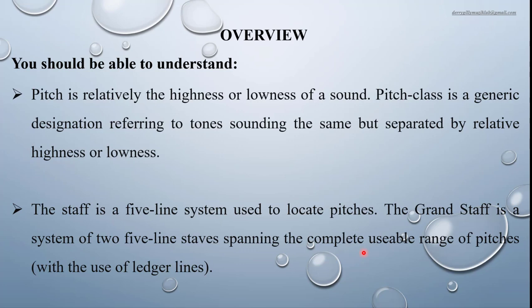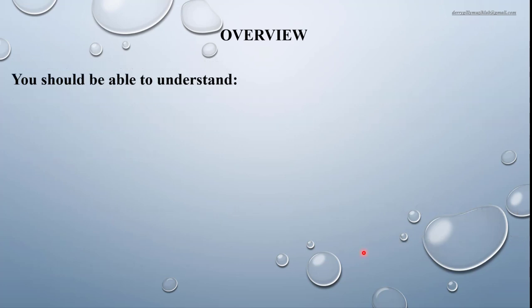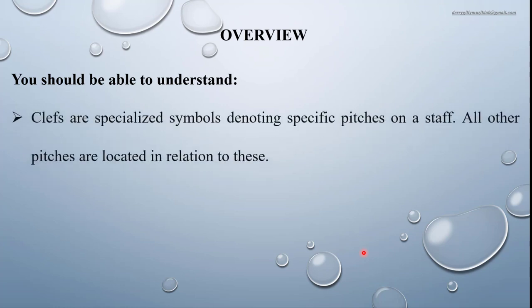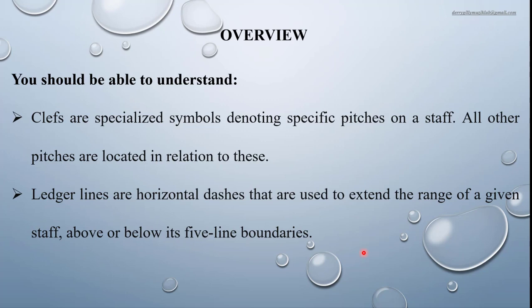You should also understand that clefs are specialized symbols denoting specific pitches on a staff. All other pitches are located in relation to these. And the last one is that ledger lines are horizontal dashes that are used to extend the range of a given staff just above or below its 5-line boundaries.